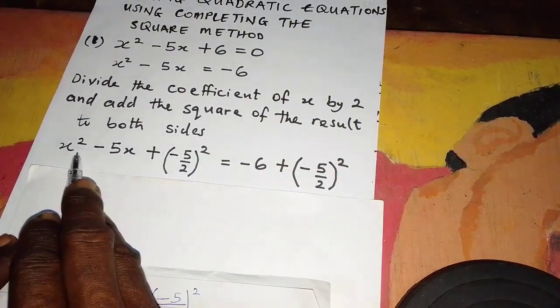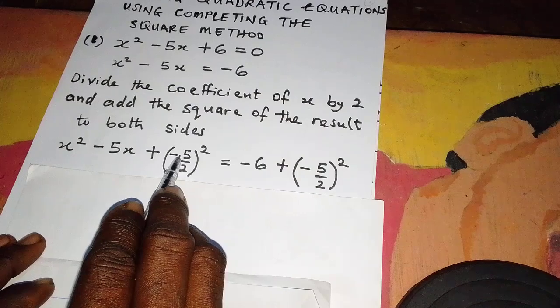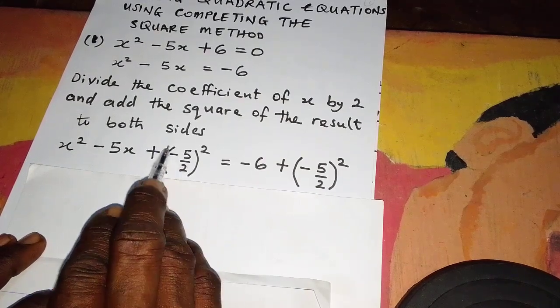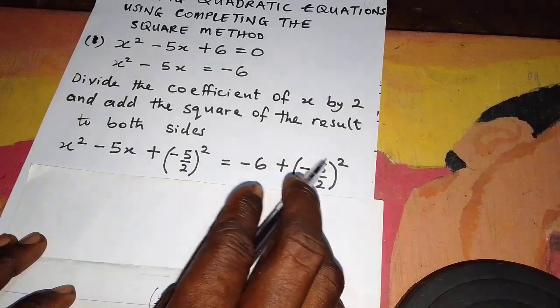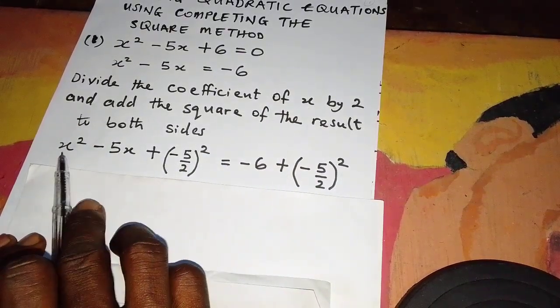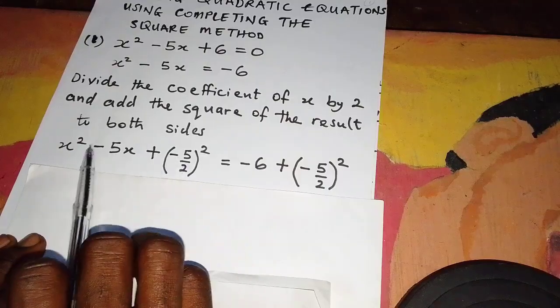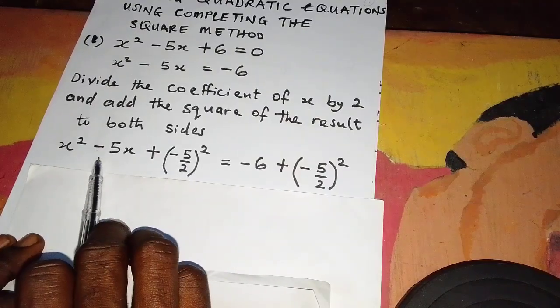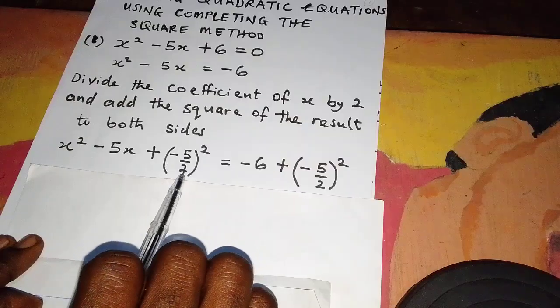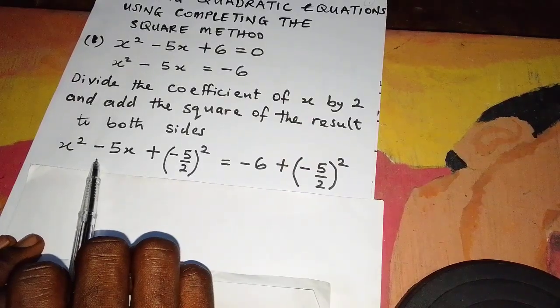Now, by dividing the coefficient of x by 2 and adding the square to both sides, in this part of the equation, you've made this a perfect square. You've made x squared minus 5x plus minus 5 over 2 squared a perfect square.